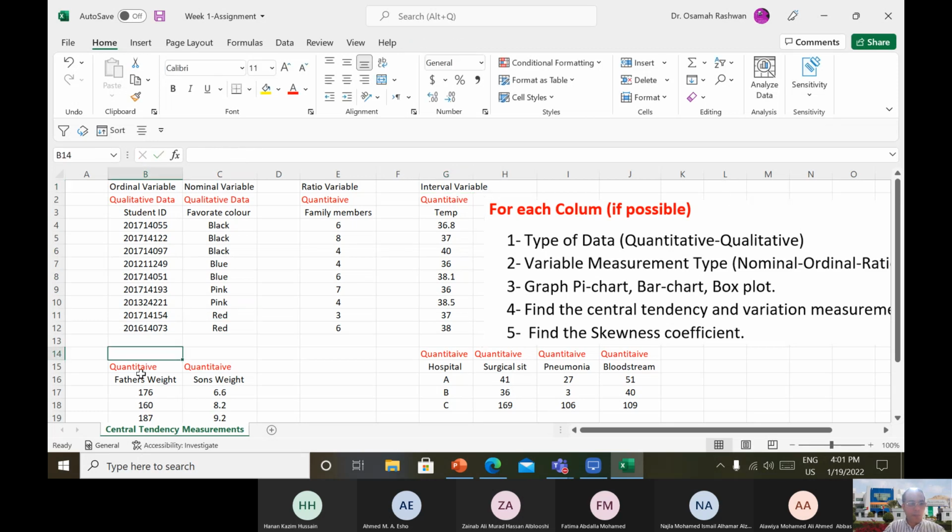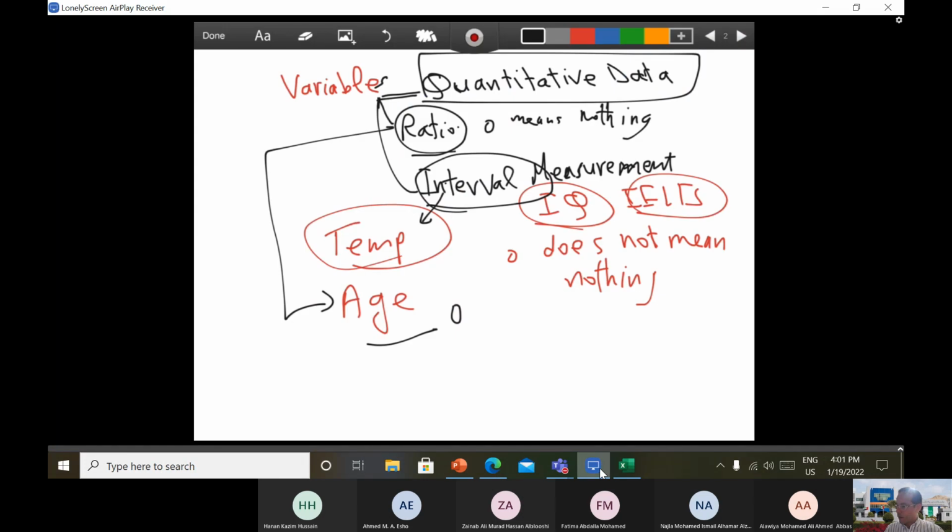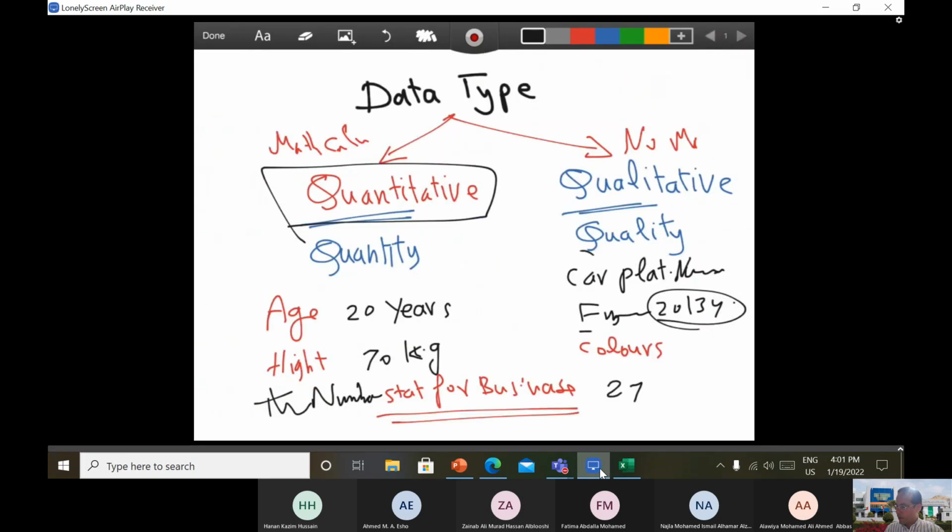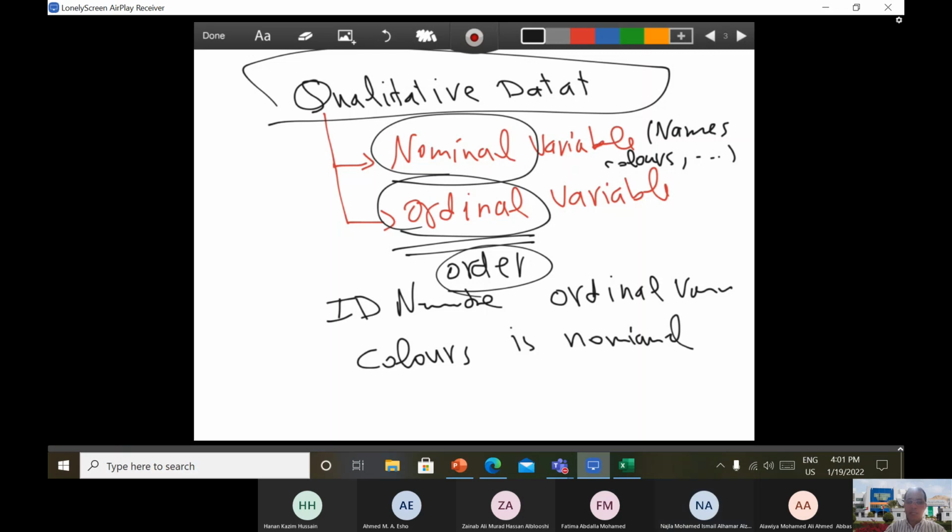Now let's go for the weight. Interval or ratio, because it's quantitative already, right? Ratio. Ratio, excellent. Very good. And this one also will be the same because this is still the weight, right? What about the name of the hospital? Remember, again, when you have quality, excellent.